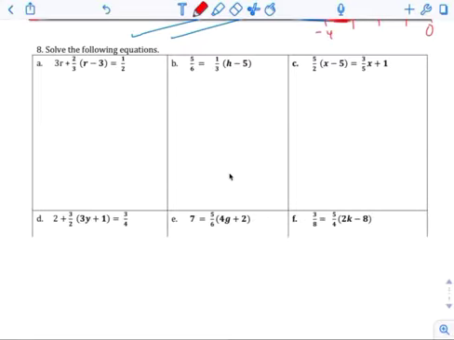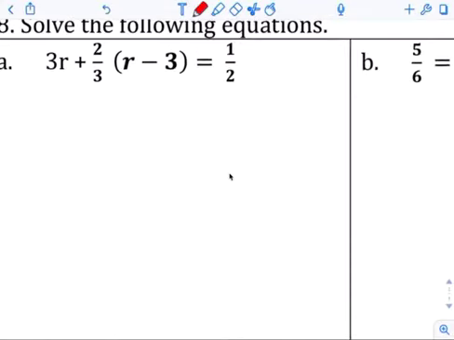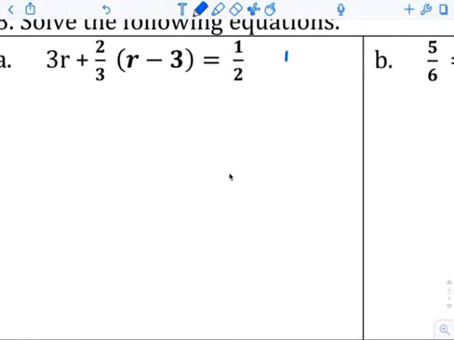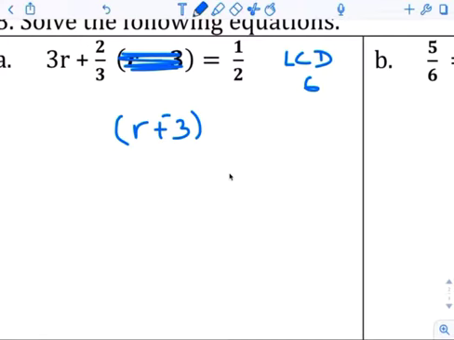Then you do these. Most of you know how to do this now. Least common denominator, 6. You take this r minus 3, or additive inverse, negative 3. And you multiply this 6 to everything else, times 6, times 6, times 6. Use your calculator, get 18 here, plus this, put in your calculator, you should get 4.